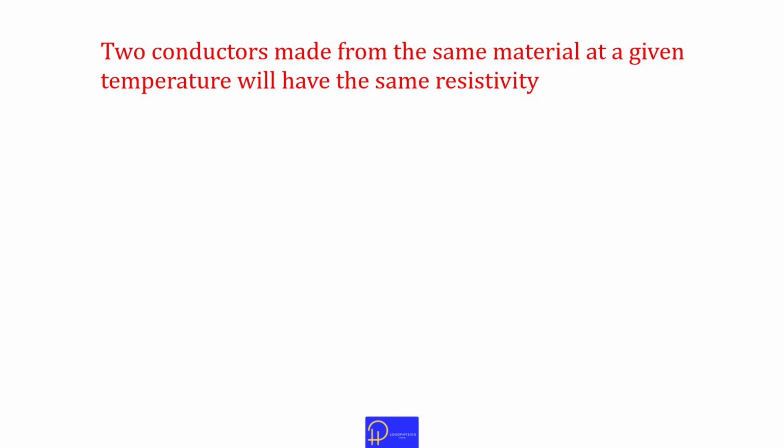For two conductors made from the same material at a given temperature, they will have the same resistivity. And that relation is very crucial, it can help us to solve questions.